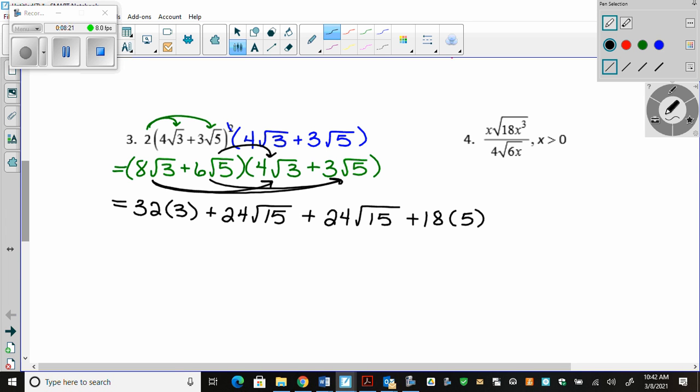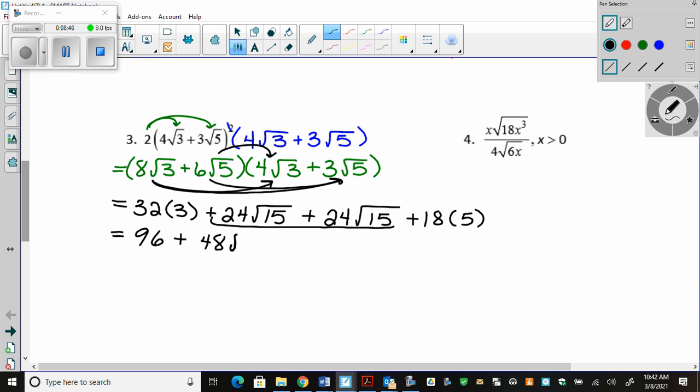So, then we can put together what's multiplied. So 32 times 3 is 96. 24 root 15 plus 24 root 15 is 48 root 15. Some people try and make it go away. I don't know why I'm drawing a T. Sometimes my brain does what it does. So plus 48 root 15.